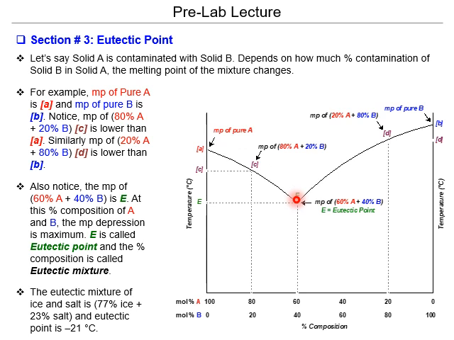For different mixtures of different pure compounds, you need to find out the E point. For example, the eutectic mixture of ice and salt is 70% ice and 23% salt, and the eutectic temperature is minus 21 Celsius.